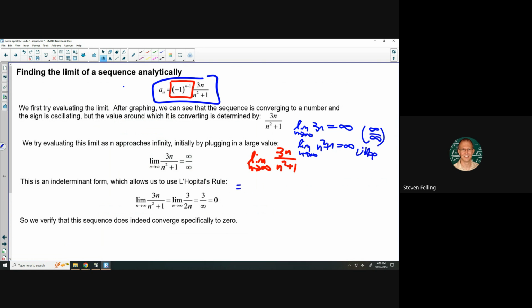Then we have the same limit, n approaching infinity, but this time we replace the numerator with its derivative, and the denominator with its derivative. And now we have a constant over a value that's getting really large. So this limit evaluates to 0. Now we have conclusively shown that this sequence is approaching 0, and therefore it converges to the value of 0.